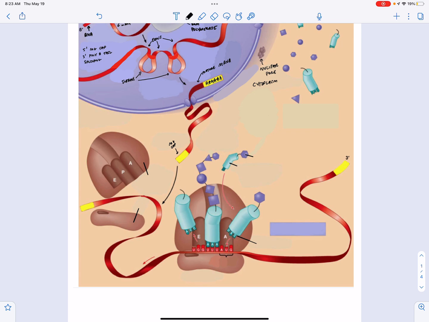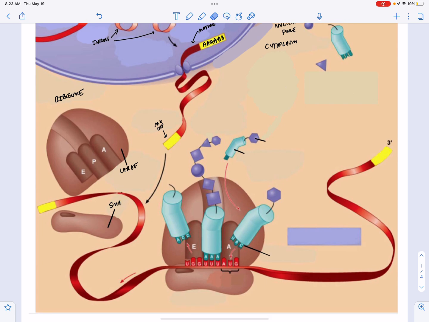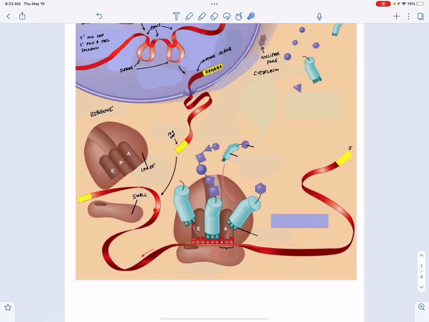This is a part of a ribosome. So a ribosome is composed of two subunits, the large subunit and the small subunit. And the two subunits join together on the mature mRNA message, and they are going to scan along the message until they reach what's called the start codon.